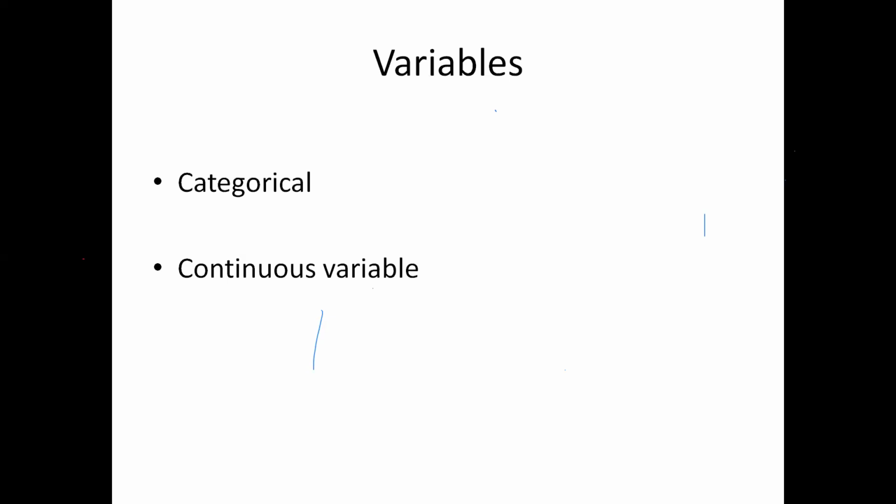Whenever you collect information in numerical format, that is called a continuous variable. And categorical variable means you are categorizing the information, like yes, no format, or mild, moderate, severe. So these are the two types of data everyone should know, because this information is very important for knowing what test we will apply at what time.